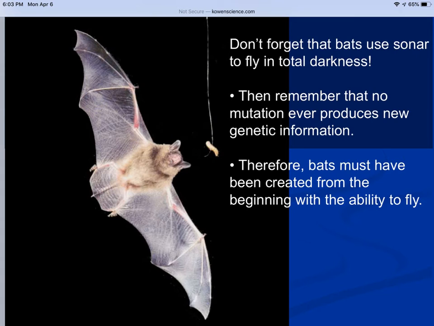The other thing, bats have sonar to fly in total darkness, and we have been able to pick that up and use that echolocation, and the sonar, we've used those for weather. When we have our sonar out to determine different types of weather, we have that in our submarines.